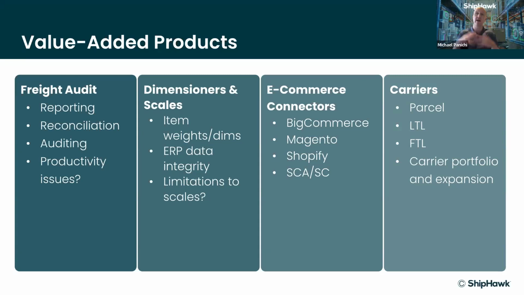Very important. You have to ask yourself, can the TMSs do that? Can your TMSs, if we just want to use a scale, hook up to that scale and have the weight automatically import? These are things you have to take into consideration, and also ask yourself, what's my ERP data integrity? Do I have these weights and dimensions actually stored inside?